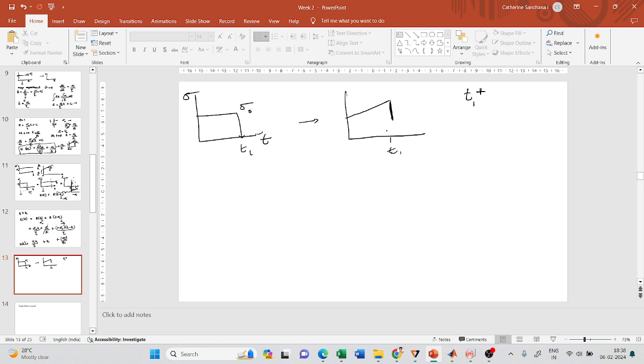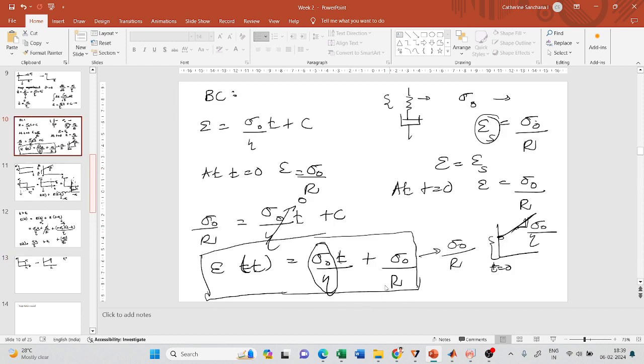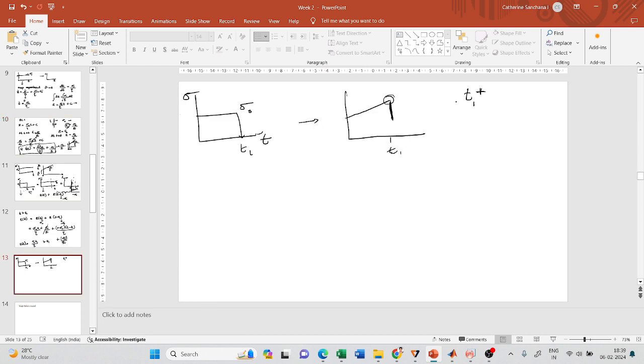For time t less than t1, it is somewhere here, this value. What is this value? Let us find out from this equation. For time less than t1, what equation should be used? This equation has to be used, right? So here it is going to be sigma dot t1 divided by eta plus sigma dot by r.